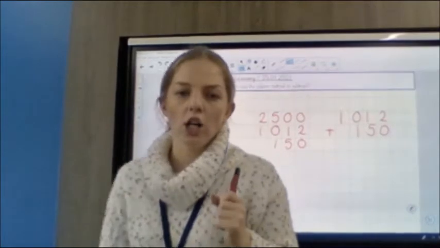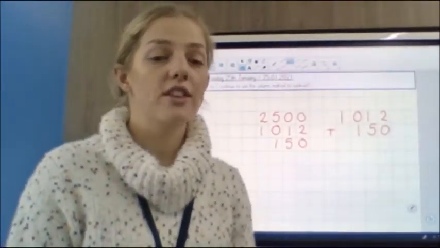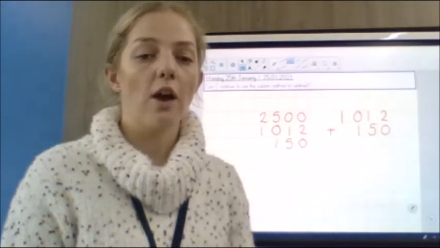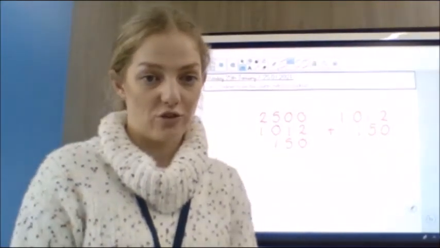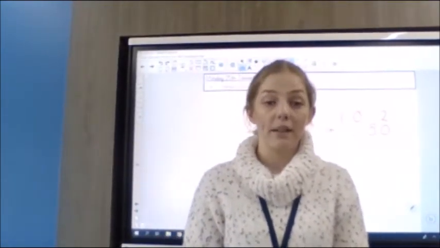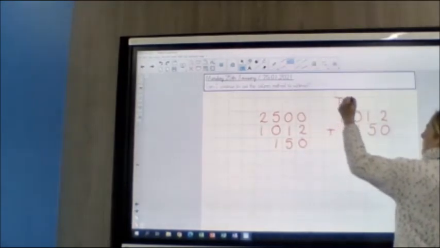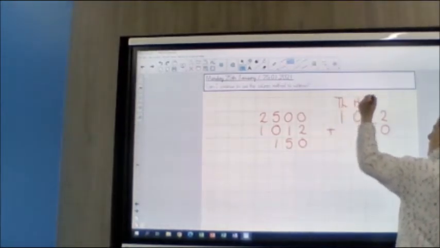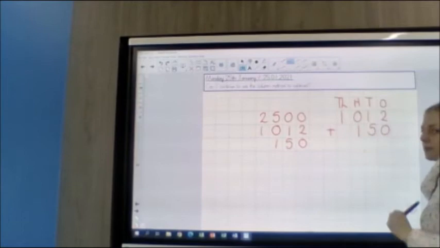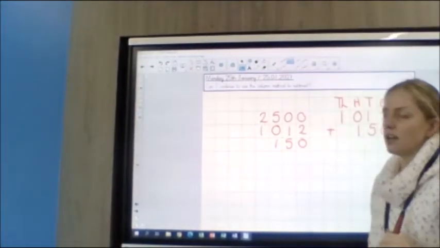Now I've done my column method and I've had to do addition. What haven't I done that I need to do? Pause the video and tell somebody or shout it at the screen. That's correct. I haven't added my place values, have I, above my numbers? I also need to make sure that I'm using my ruler to draw my equal sign underneath.